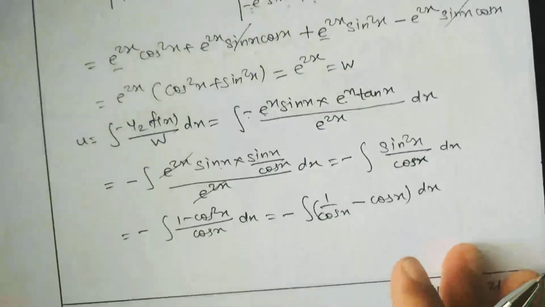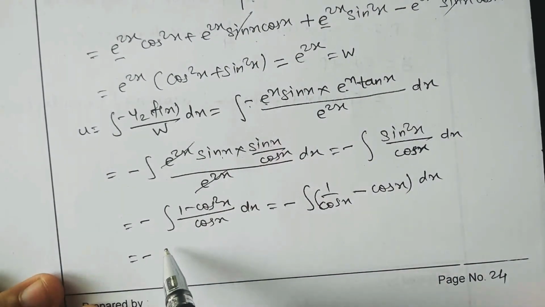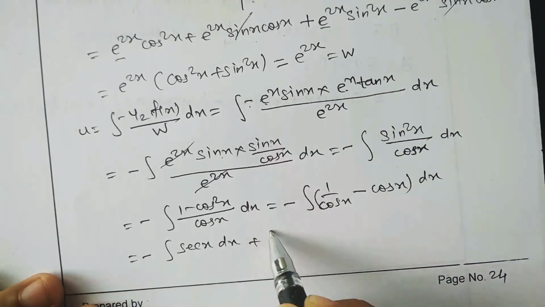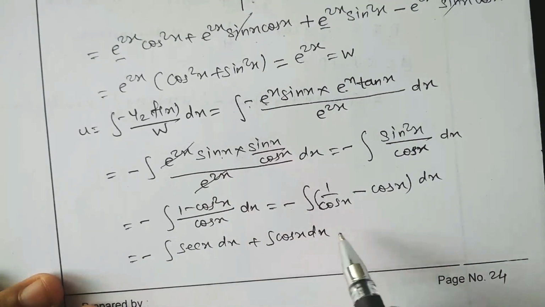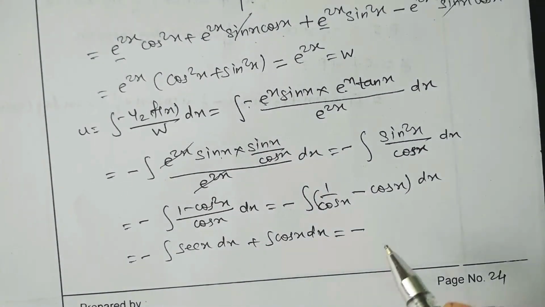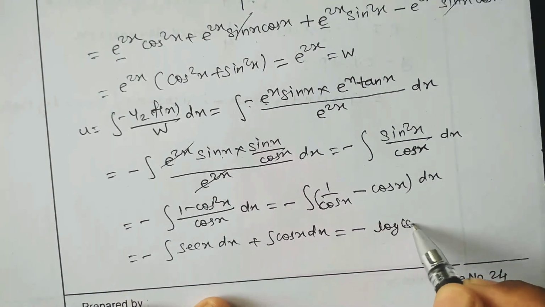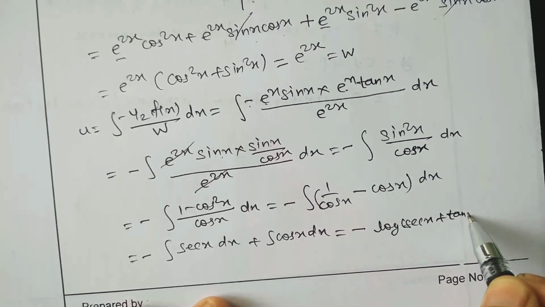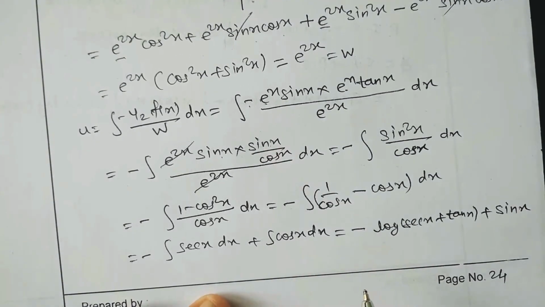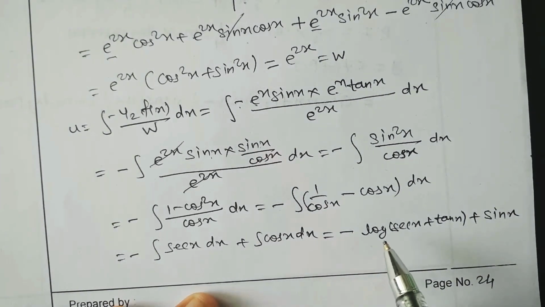Now separating the integral, minus times integration of 1 upon cos x, that means integration of sec x dx, and minus minus plus integration of cos x dx. This is equal to minus times, integration of sec x is log of sec x plus tan x, plus integration of cos x, which is sin x. So this is our value of u.